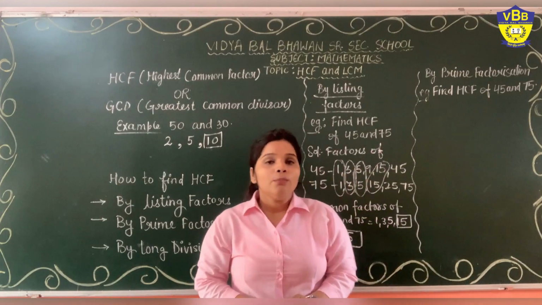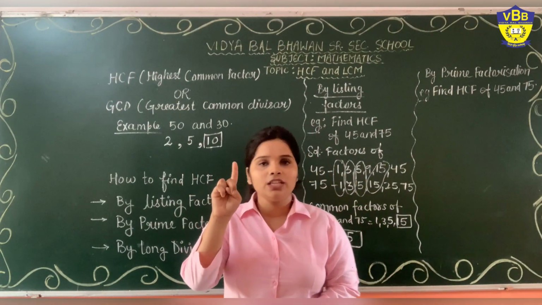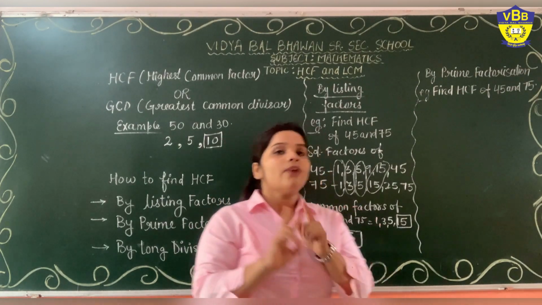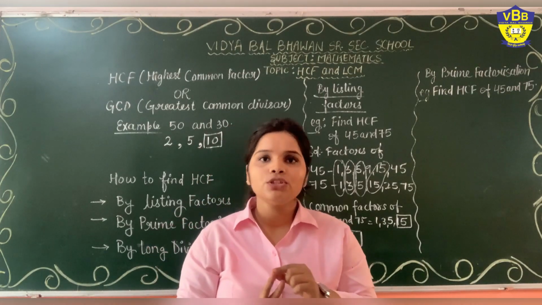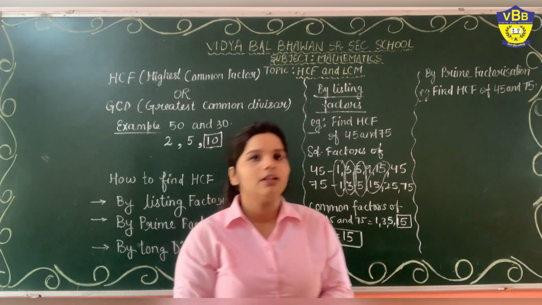After this first method by listing factors, we have the second method, by prime factorization. Prime factorization can be done by two methods. Factor tree is the first one and the second one is the division method. Factor tree is basically not convenient for larger numbers, so we will do prime factorization by the division method.